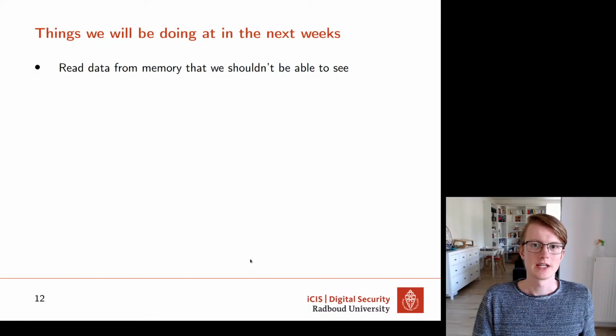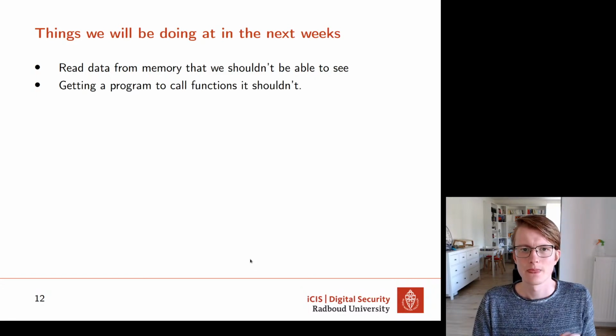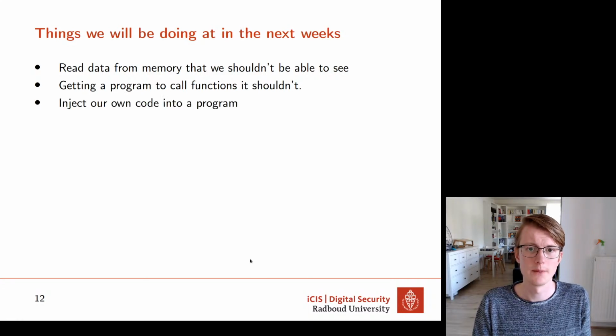So what we will be doing in the next weeks, we'll be reading data from memory that we shouldn't be able to see. We also already kind of did that last week. We'll be getting a program to call functions that it shouldn't be calling. That's something you're already going to be doing in the homework. We're going to inject our own code into a program.